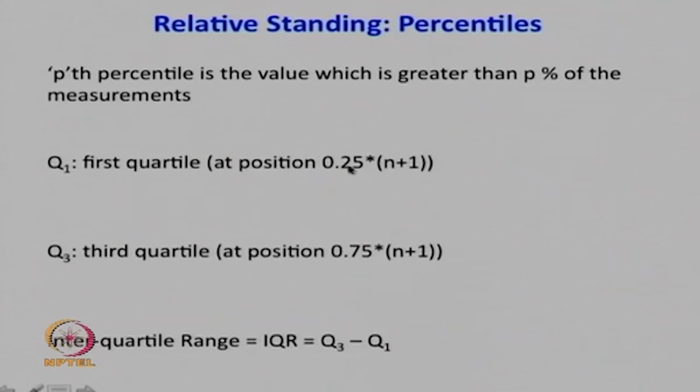The first quartile is the value positioned at 0.25 times (n+1). Accordingly, the third quartile is defined at position 0.75 times (n+1), and you can calculate something called the interquartile range, which is nothing but the difference between Q3 and Q1.